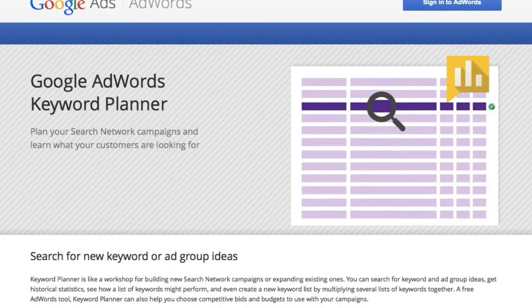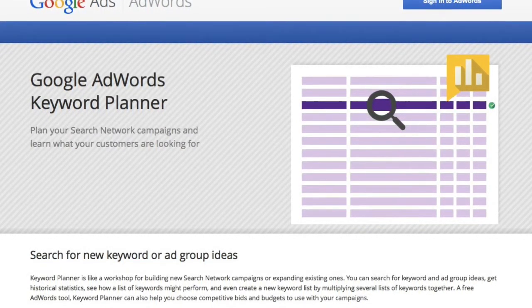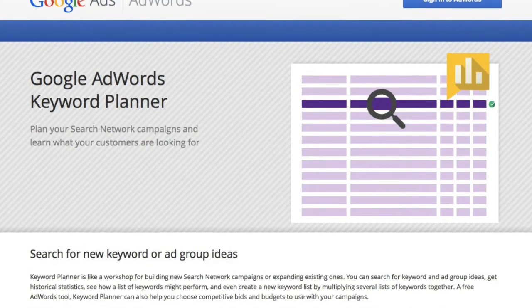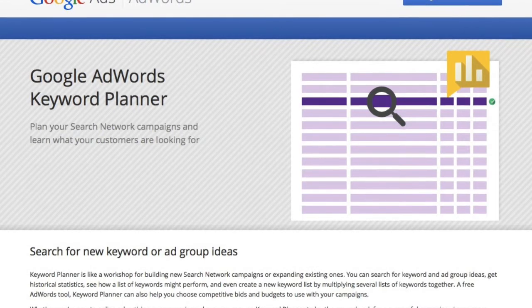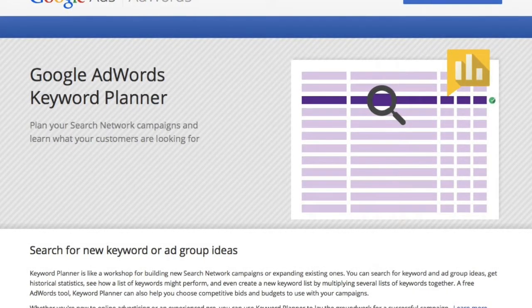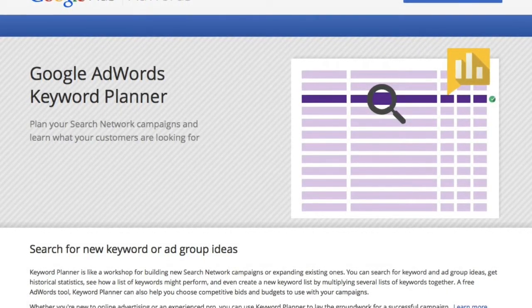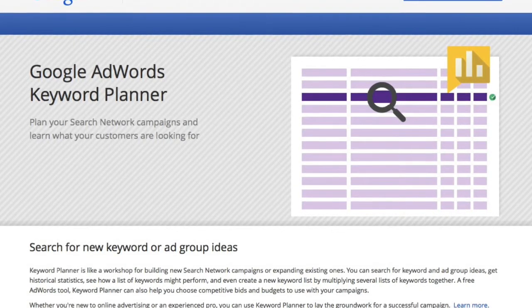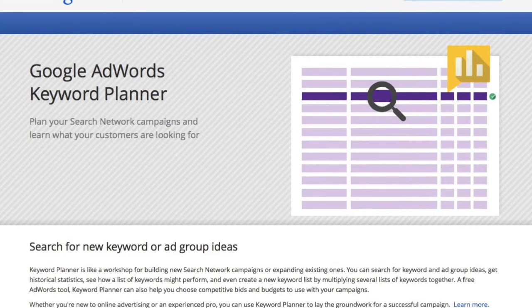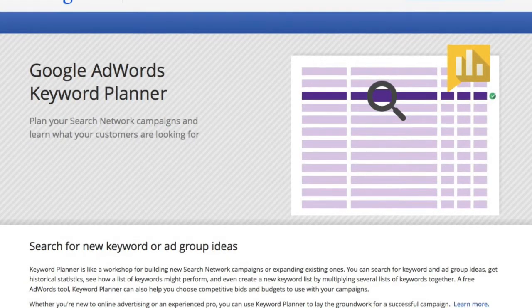In other words, to use this tool, you will have to sign up as a Google AdWords advertiser. During the sign up process, Google may or may not ask you for your credit card information. But don't worry, you will not be charged anything for using the keyword tool. You will only be charged if you actually decide to use the keywords and create an ad using the Google AdWords system.